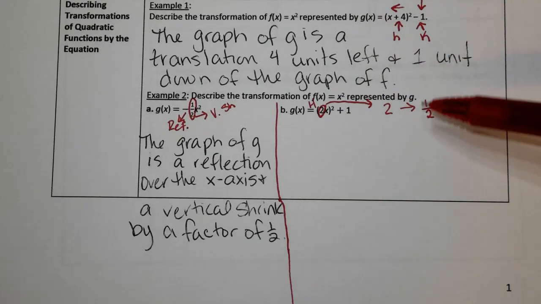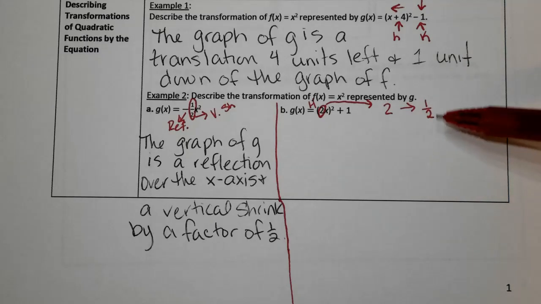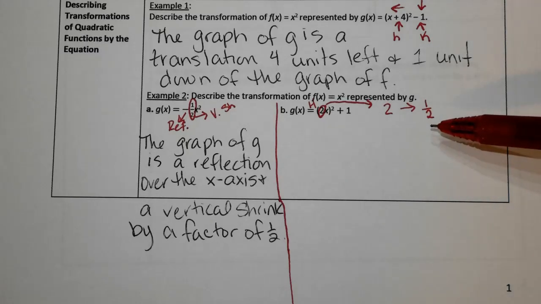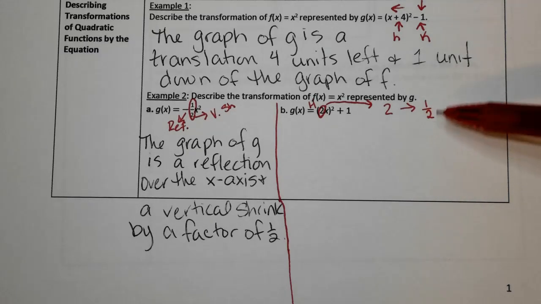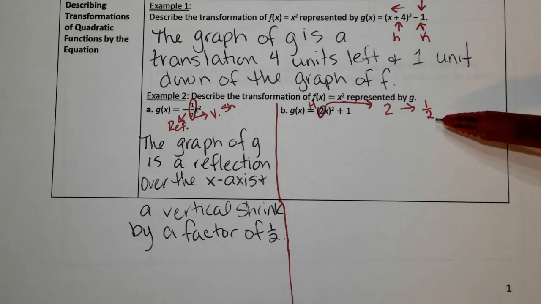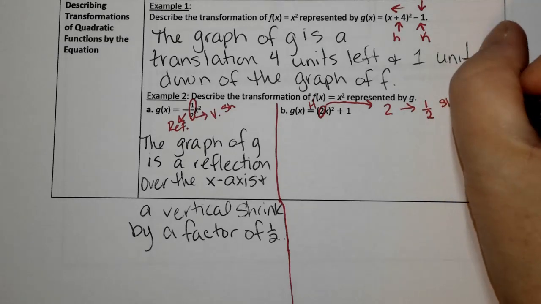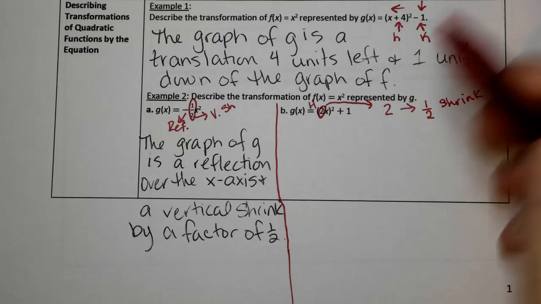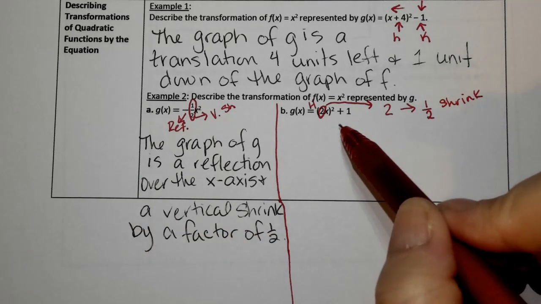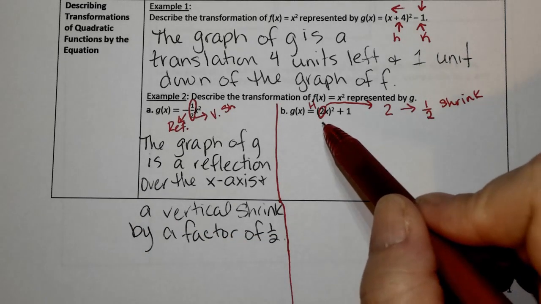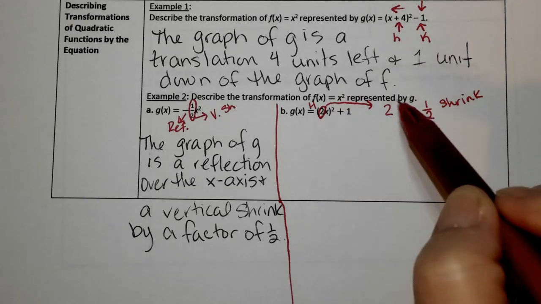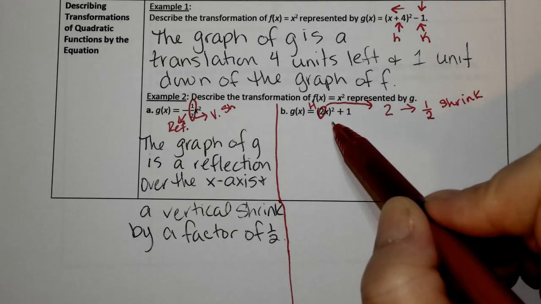So this number here tells us if it was a horizontal stretch or a horizontal shrink. So because the reciprocal is 1/2, it is a shrink. Okay? I'll put an example over here in just a minute of the difference between the stretch and the shrink. So think of the reciprocal before you decide with horizontal.